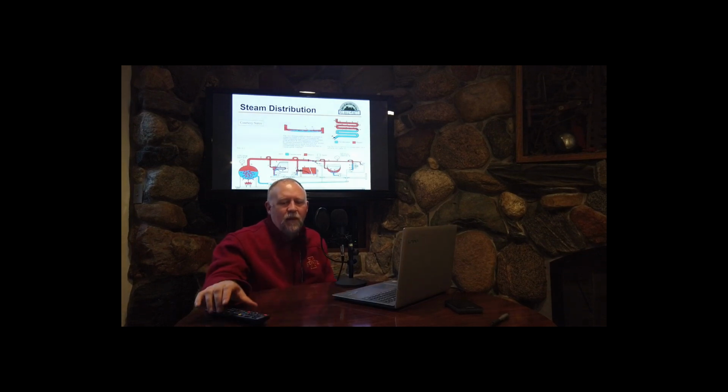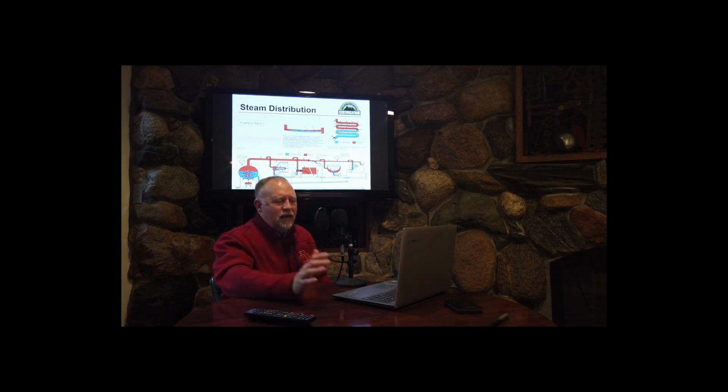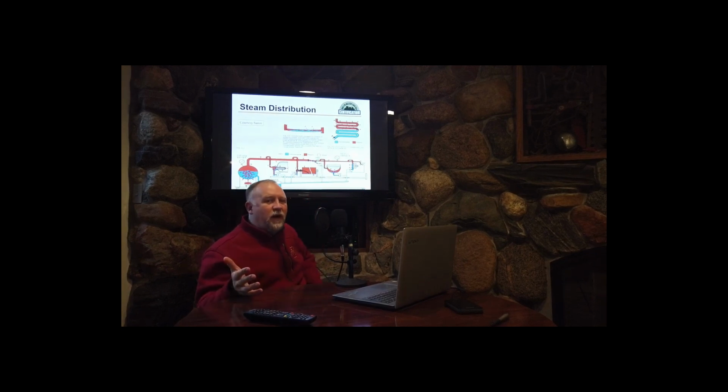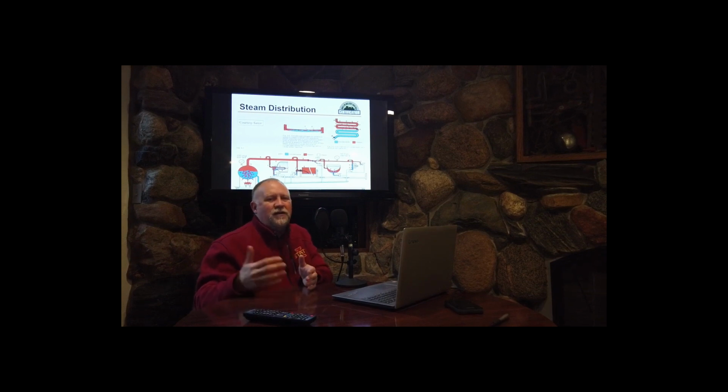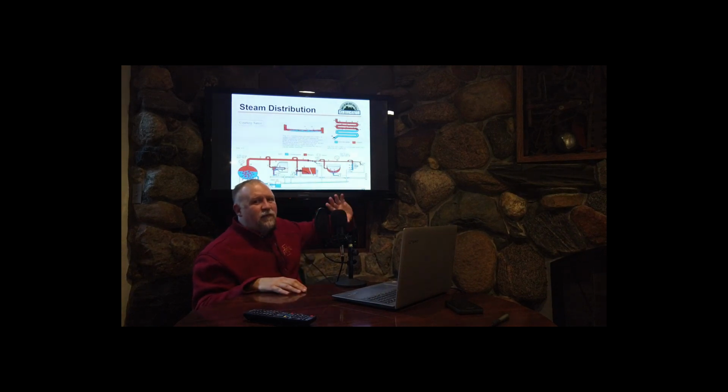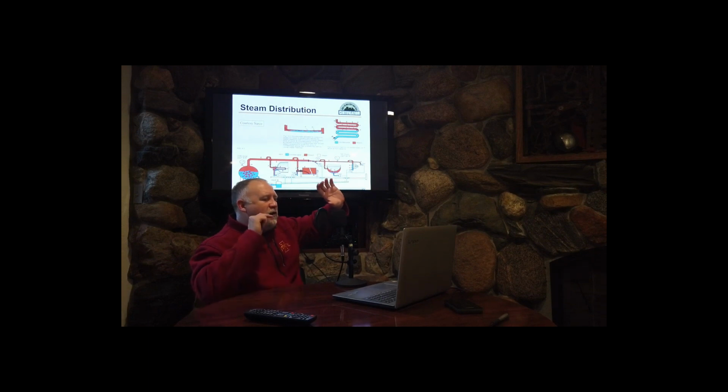One of the companies that sells steam equipment has what they call their steam trainer, where engineers and contractors can get training to learn how to design and install steam systems. They had a system that simulated this exact failure, where you have steam and you have cool water on the bottom of that pipe.